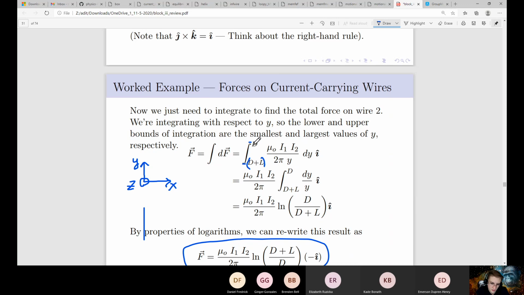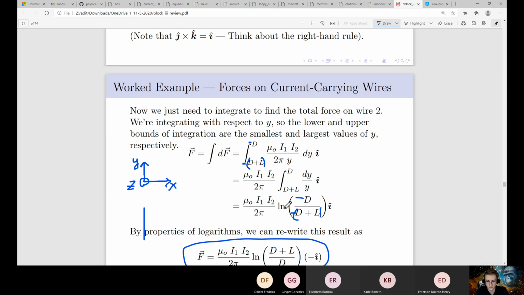These are technically negative y values since it's below the origin of the coordinate system. At which point everything would have been the same. I would just have negative signs right here and here, which would cancel, and I would have gotten the same answer.